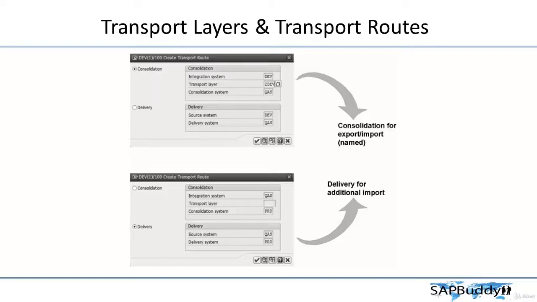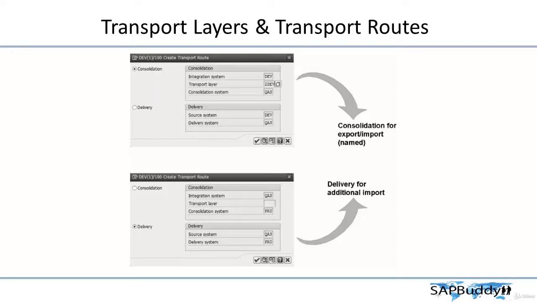Don't get confused between the transport layer and transport route. Transport layer is basically the layer of the packages, how you are going to deliver it. In SAP standard delivery, you will have the transport layer. For example, if you have an ABAP program, this ABAP program needs to be linked to one specific transport layer. So it will follow the specific transport layer.